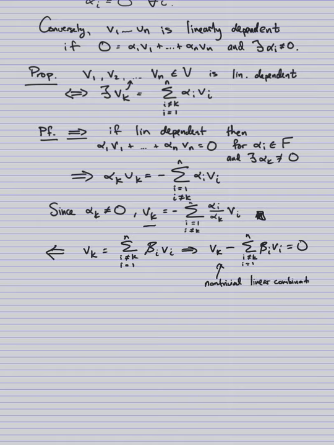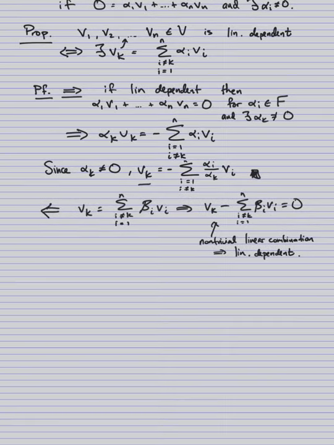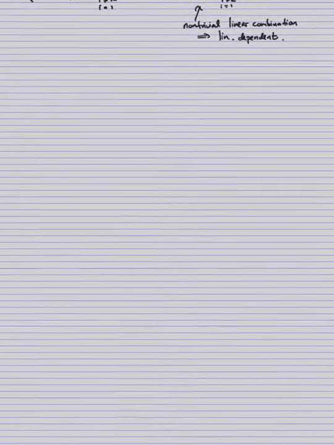By non-trivial, I mean not all the terms are equal to 0, and therefore it's linearly dependent. Okay, so that's that proposition. So you're linearly dependent if and only if you can solve for one of the vectors in terms of the other vector, or collection of vectors.